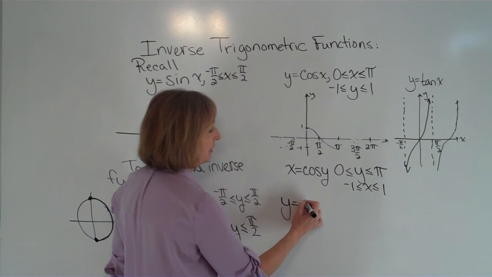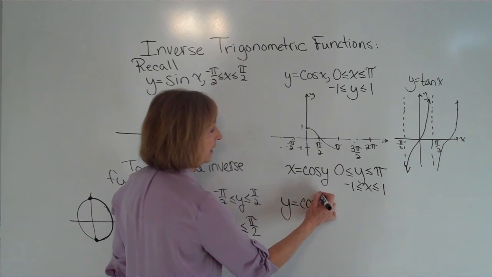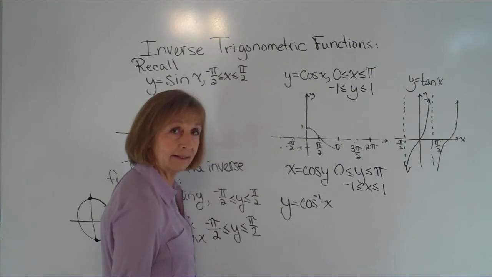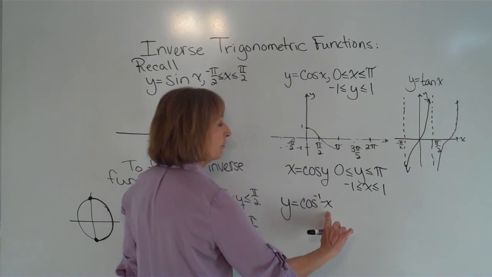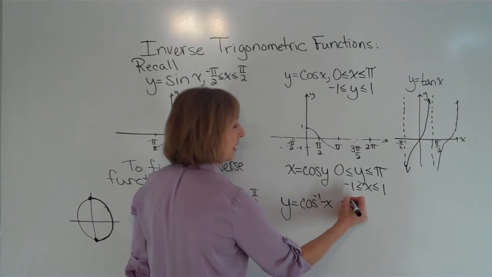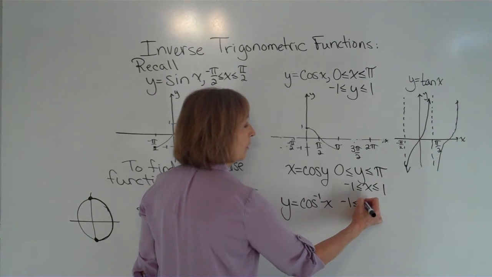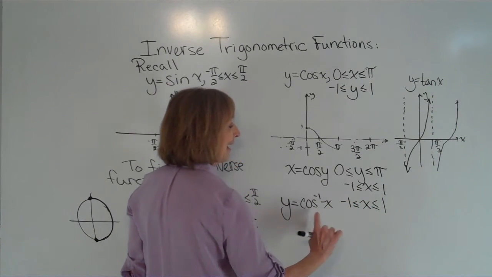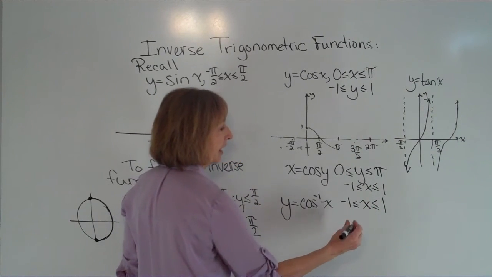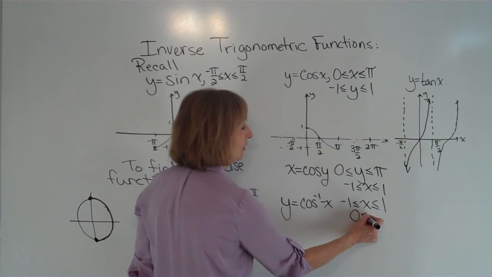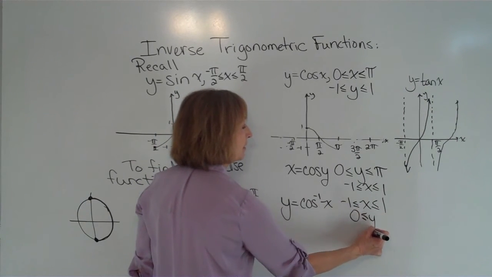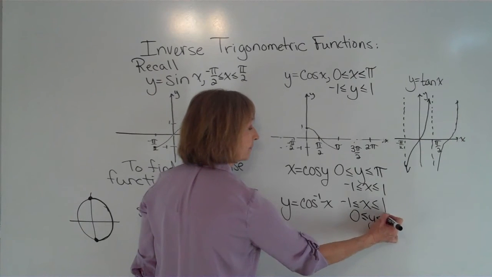Y is equal to the inverse cosine of x. The input for the ratios for inverse cosine have to be a ratio from -1 to 1, and the output for the inverse cosine has to be an angle from 0 to pi.